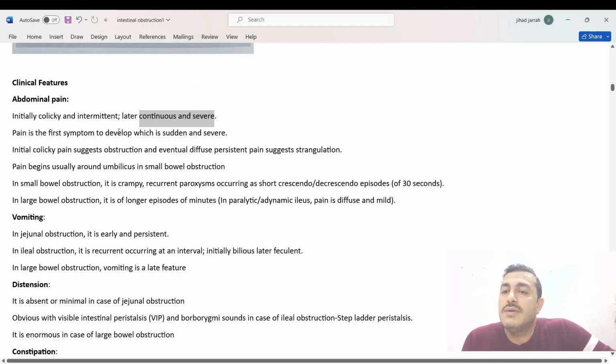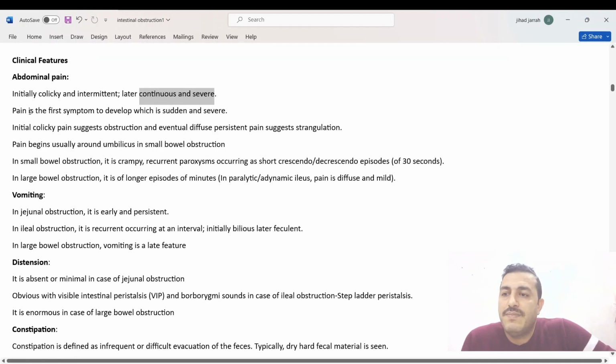Pain is the first symptom to develop, which is sudden and severe. Initially it is colicky, and eventually it is persistent. Colicky means it comes and goes, and then it becomes diffuse and persistent. Diffuse and persistent pain can suggest strangulation.